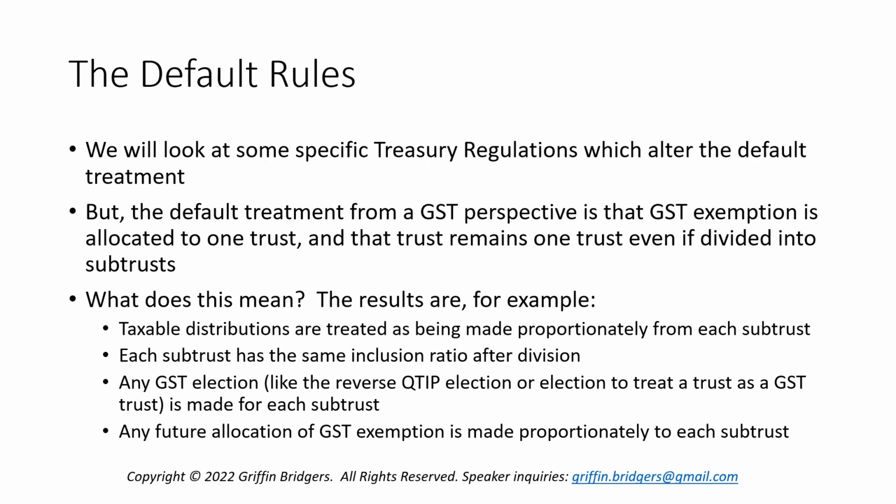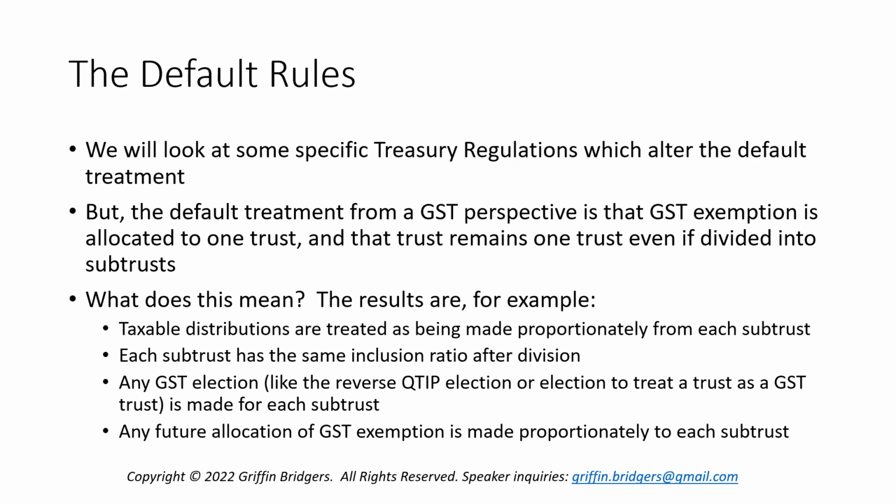Three, any GST election, like the reverse Q-tip election or the election to treat a trust maybe as a GST trust, would be deemed to be made for each subtrust and not allocated individually to one subtrust at the expense of the other. And then also any future allocation of GST exemption would be made proportionally to each subtrust. So it's really those 4 points that we're looking to tackle here.